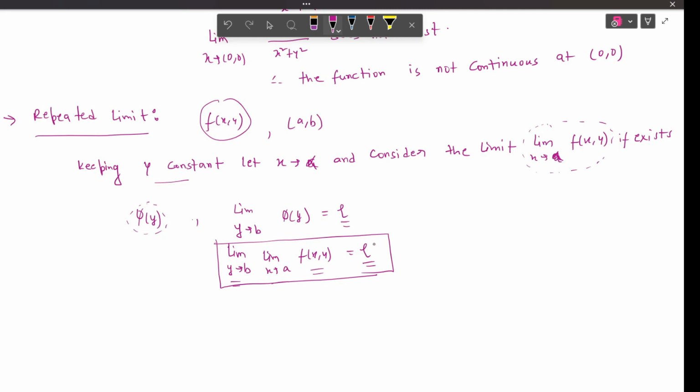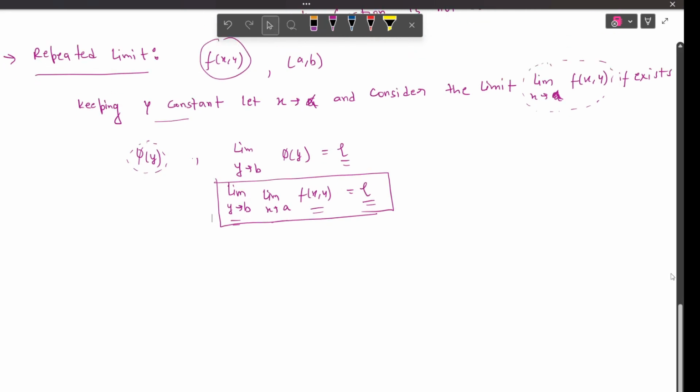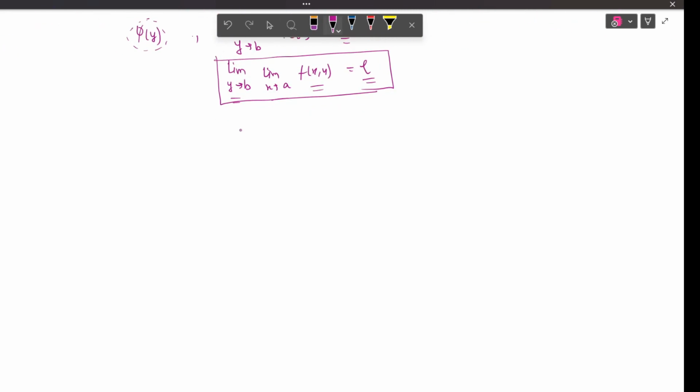Similarly, other repeated limit such as limit x tending to a, limit y tending to b, f of x comma y can also be constructed. And it is not ensured that the two repeated limits will always be equal. There is no guarantee.